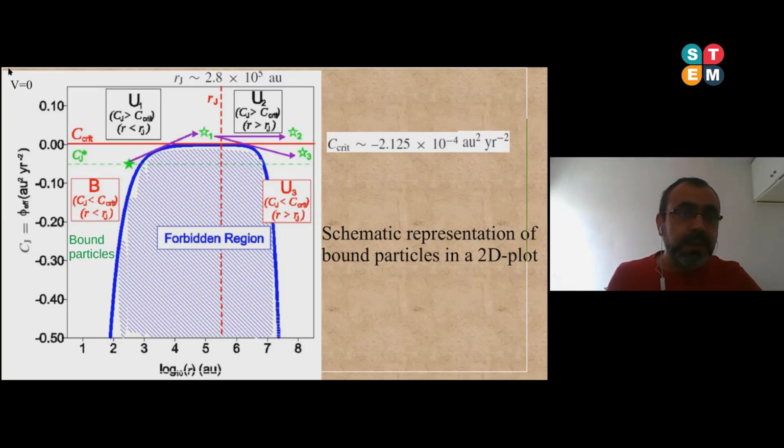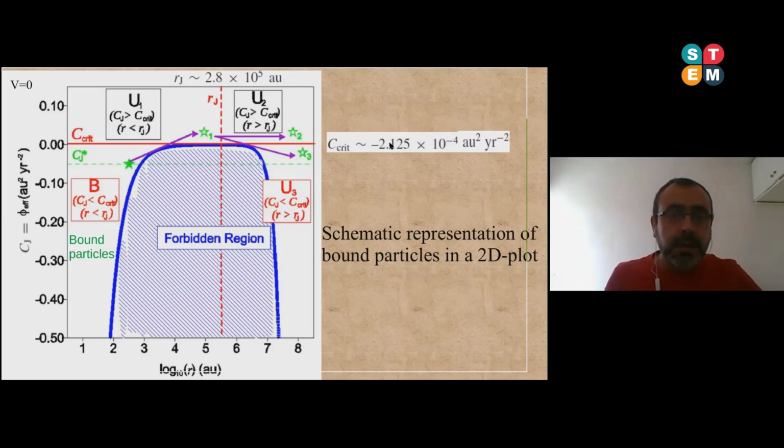In all the plane, the velocity is considered equal to 0, and this forbidden region appears here in blue. We can see that the forbidden region ends at a critical value of the Jacobi constant. This critical value for the solar system is this one here.